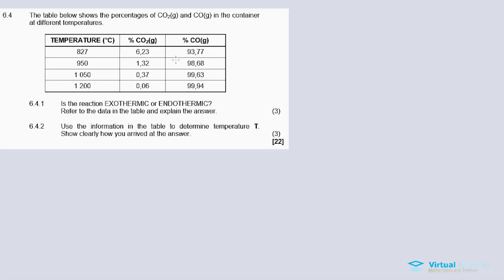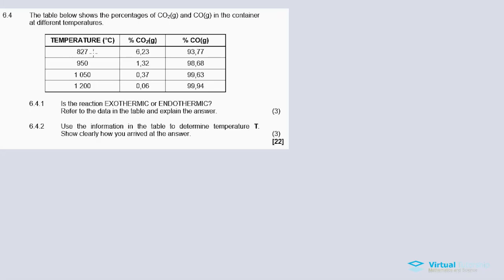Okay, let's visit Le Chatelier for a moment. We know that if we increase the temperature, the endothermic reaction will be favored. Now on this table, as I increase the temperature, more products are being formed.